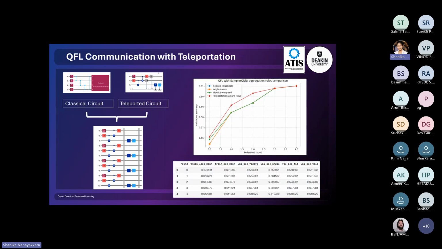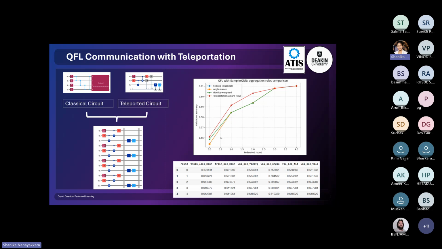And then when we come to QFL communication with teleportation, as I said earlier, I think you got to know the details about teleportation and how we implement teleportation between qubits. Here we need to use it in QFL. If we use teleportation, we need to do it for the parameters, I mean the weights related to the model, which we need to share between the server and the clients.